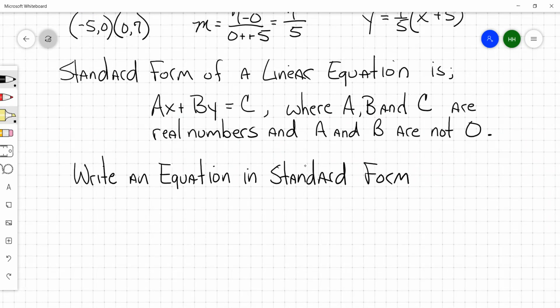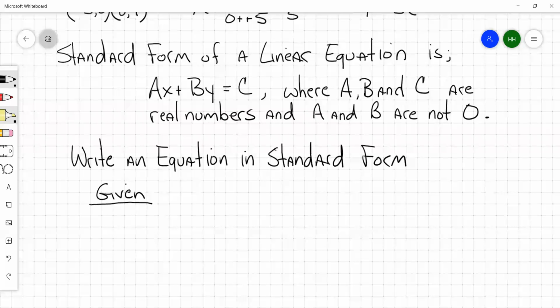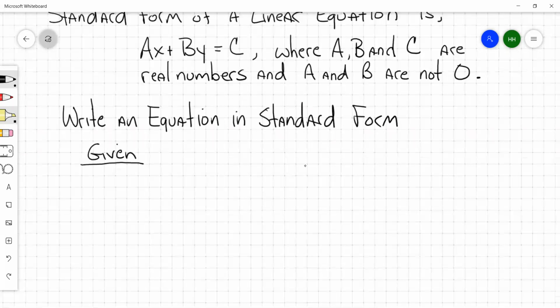Okay, so we're going to write an equation in standard form, and you're going to be given the equation in slope-intercept form. So if y is equal to 3/4 x minus 5, we have to take an equation that's in this form right here, and make it look like this.